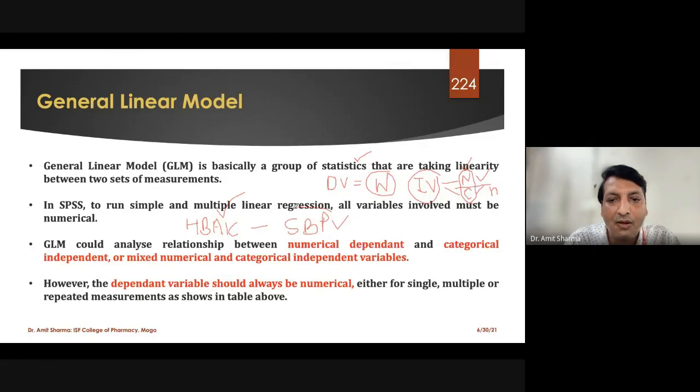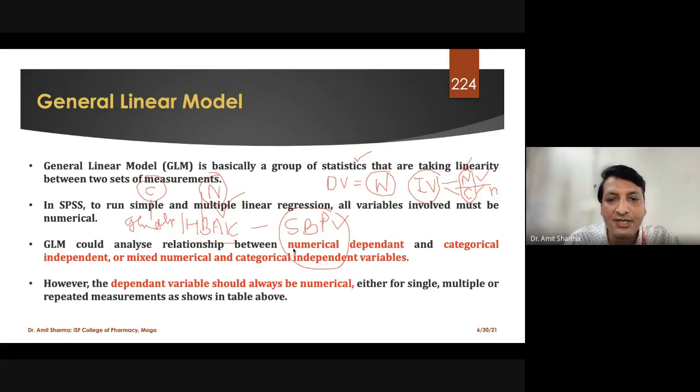But along with the independent variable, I will add one more factor called gender, because we want to see male separately and female separately: whether the HbA1c of the male is going to affect the systolic blood pressure or not, or the HbA1c of the female is going to affect the systolic blood pressure or not. So HbA1c will be in terms of number, whereas gender will be given in terms of category. So both kinds of variables we can run in the general linear model.